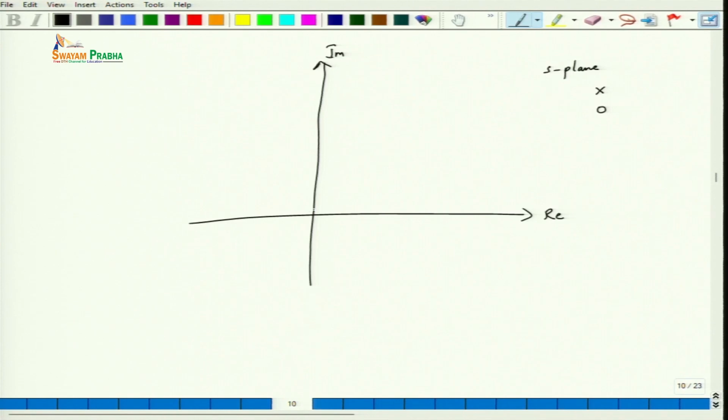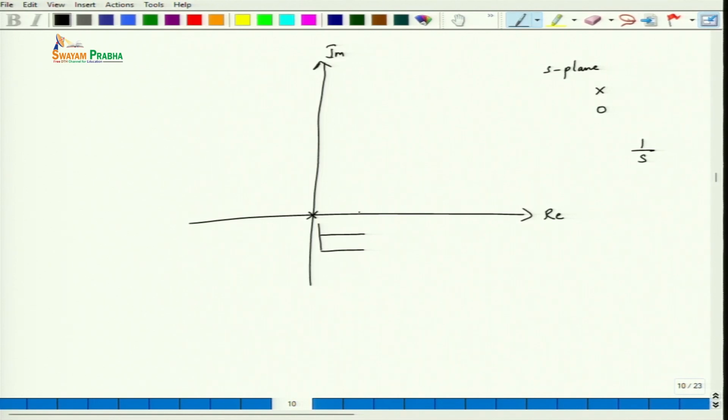Let us consider that there is a pole here at the origin. So it will be of the form 1 by S. We know that 1 by S corresponds to a step input, so the response will look something of this form.